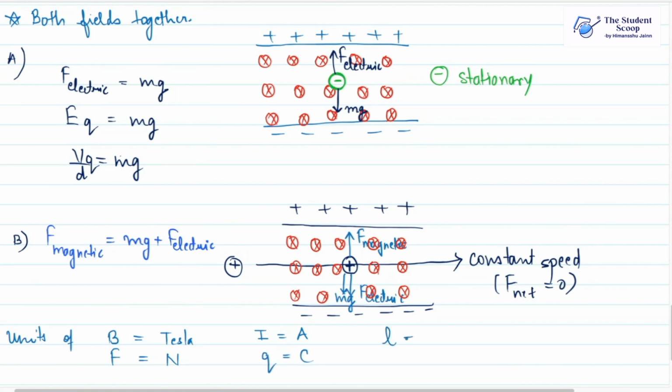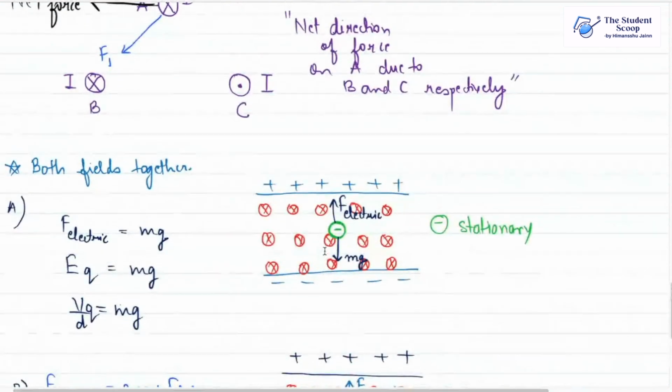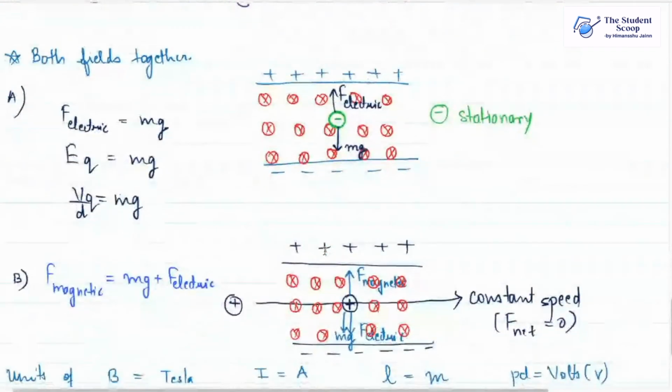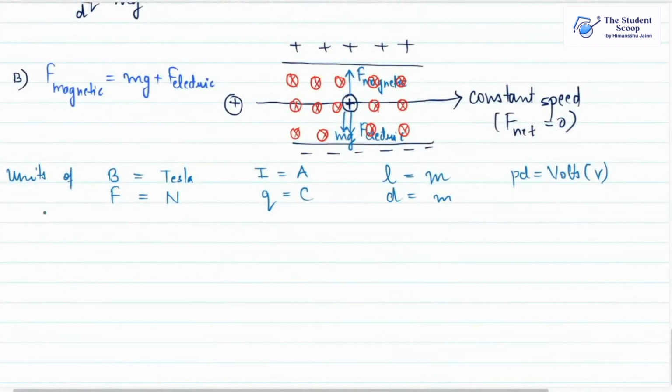What about the length of the conductor? Meters. And the distance between the plates? Meters. What about the potential difference between the plates? Volts. Did we miss any other symbol where the unit has not been discussed? I think we've discussed all the units, right? Okay. So these are all the units.